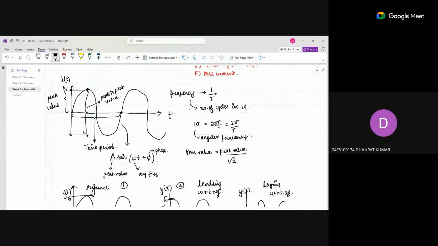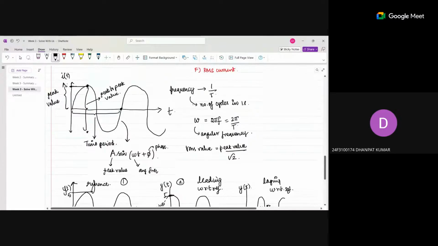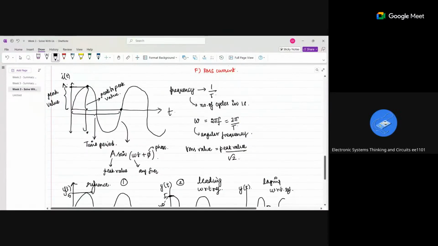Okay, thank you. And how is the value of RMS equal to peak value divided by root 2? There is a derivation we would have seen in week 3, in the lecture, L point 3.4 under sinusoids.